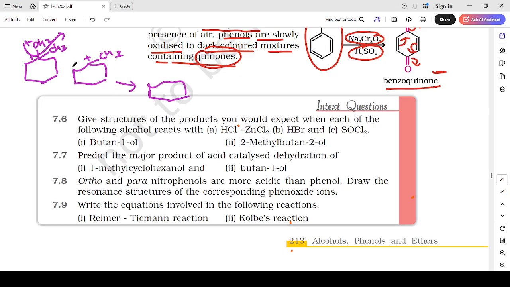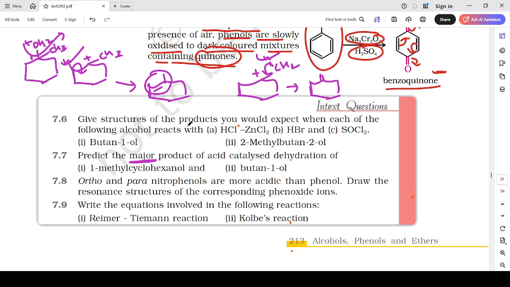As she is saying, I would have eliminated H plus from here and formed a bond here to form this. What is another possibility? This itself would have formed this product. Correct? But which is the major one here? They ask for the major. The more substituted alkene is the major product. So only this is the major product.